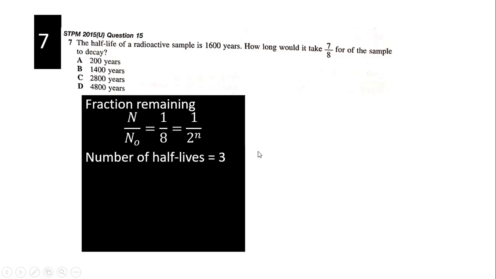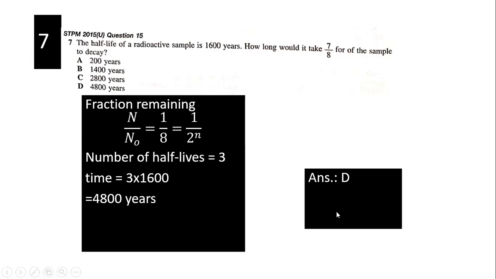Right, fraction remaining. Right, there's decay. So the whole fraction is 1. So 1 minus that one is the fraction remaining, 1 over 8. 1 over 8 equals 1 over 2 to the power n. So the n is 3. 3 half-lives. 3 times 160. Okay, good.